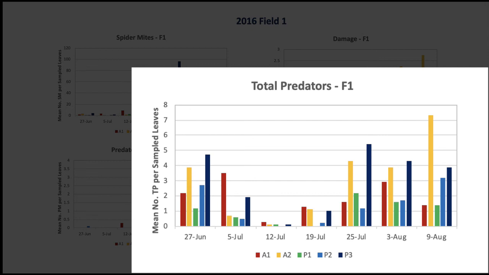And we had a situation in both fields in 2016 and 2017 where western flower thrips began to migrate out of our maturing wheat fields, and they were moving into our corn plots. When they were moving into our corn plots, they were also causing damage to the plant, but they were also feeding on the spider mites. And so that's one of the other reasons why we started out with low populations of the spider mites during the season in our test area.